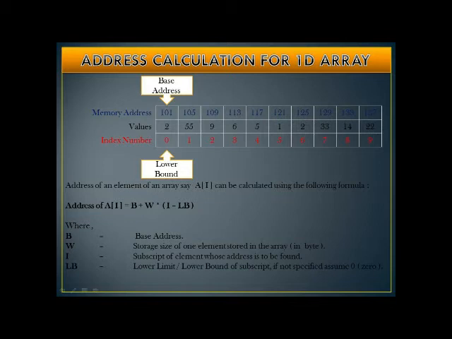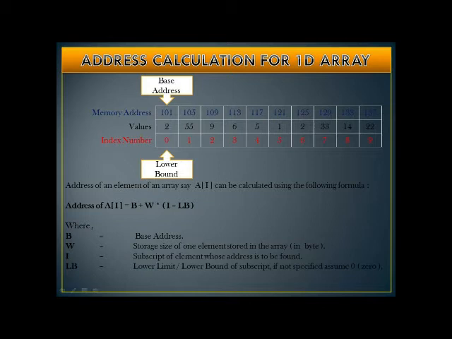Before discussing the formula, I want to solve this sum. So I told you a of 6. That means a is the array name and 6 is the index. Now see how many cells are there just before the 6th index. There are 6 cells before the 6th index, that is from 0 to 5.